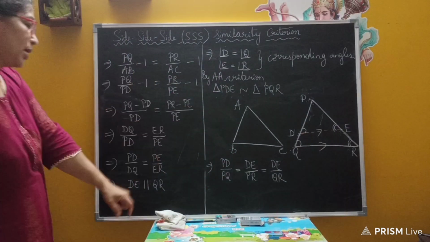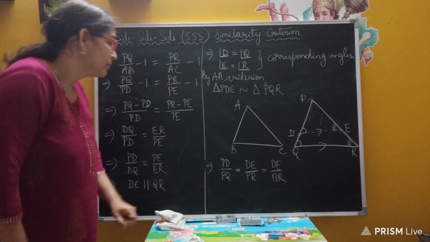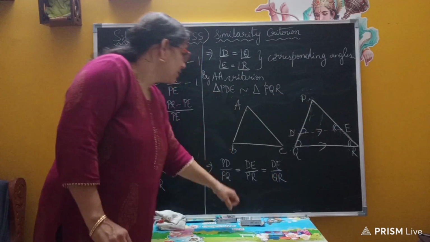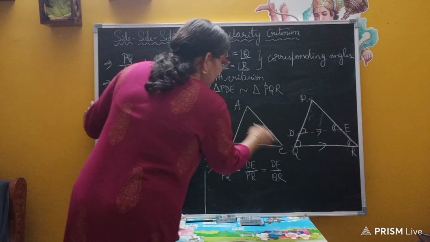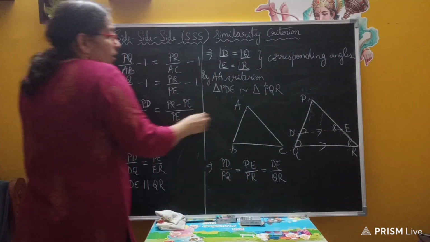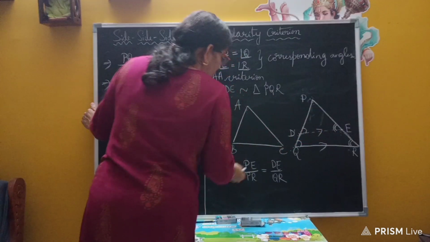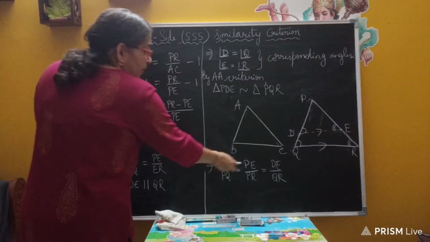DE by QR. But we know that PD is equal to AB and PE is equal to AC. So what is in place of PD and PE?